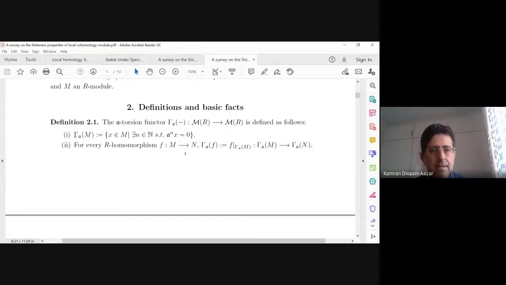For M, gamma A of M is all elements in M that are annihilated by some power of A. And for having a functor, we should know how it applies on a module, and also how it applies on a homomorphism. Here, morphisms are R-homomorphisms. For every R-homomorphism f from M to N, gamma A of f is f restricted to gamma A of M, from gamma A of M to gamma A of N.